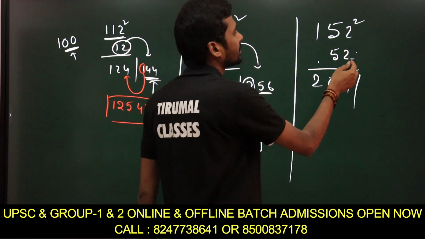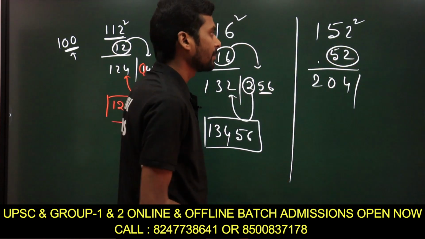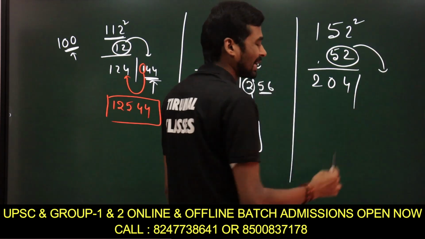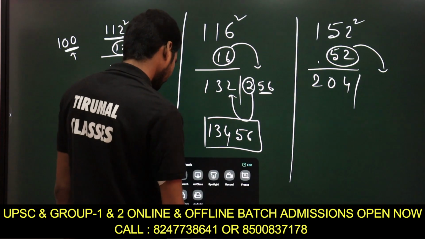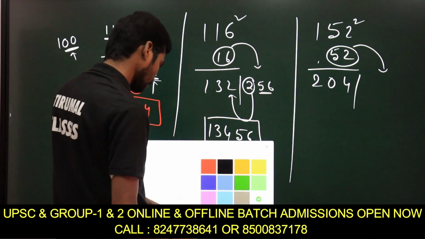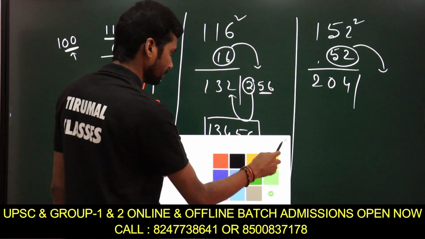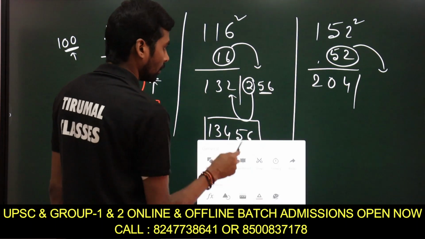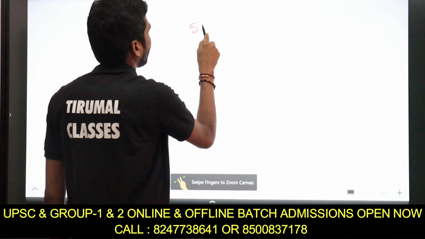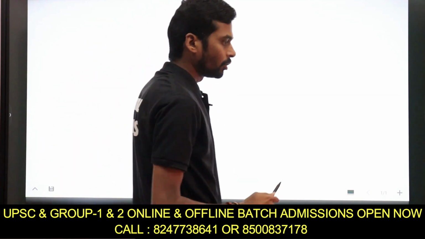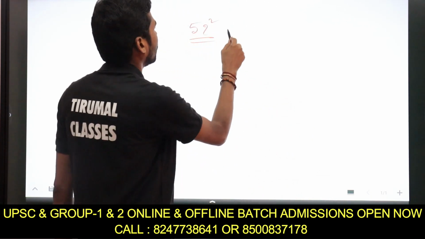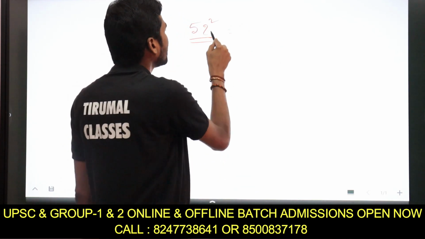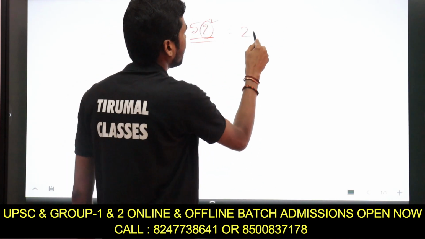To find the right side part, simply square this number. What is 52 square? Do you remember the logic for the numbers 51 to 60? How do you find the square of numbers from 51 to 60? The logic is 25 plus the unit digit, which is 27.